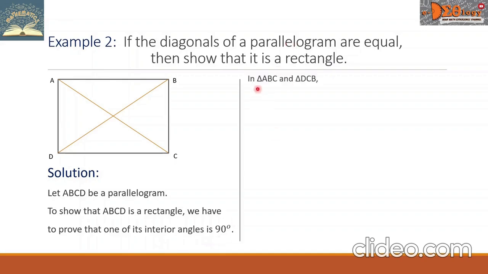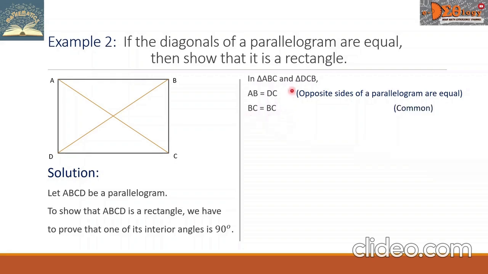We see that in triangle ABC and triangle DCB, AB equals DC. We say that opposite sides of a parallelogram are equal. Then BC equals BC. That means the side BC is common to the two triangles. Then AC equals DB. And this is given in the problem.